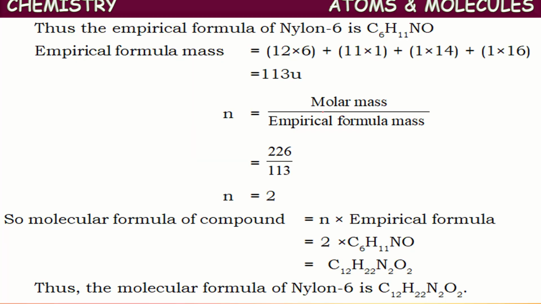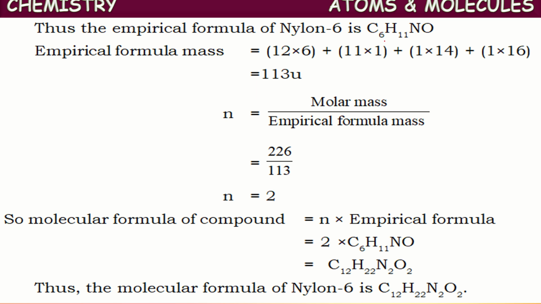For example, nylon 6 we obtained just now. So now we need to find the empirical formula mass. Empirical formula obtained, now the empirical formula mass. Carbon is 12, how many are there? 6. So 6 into 12.